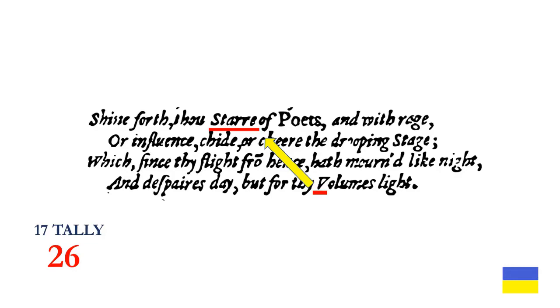I believe that we are to associate the uppercase V as a hint that the person who is the star of poets is associated with the number 17, and that his secret identity as the star of poets is to be indicated by a doubling of his number. And here's more evidence of that fact.